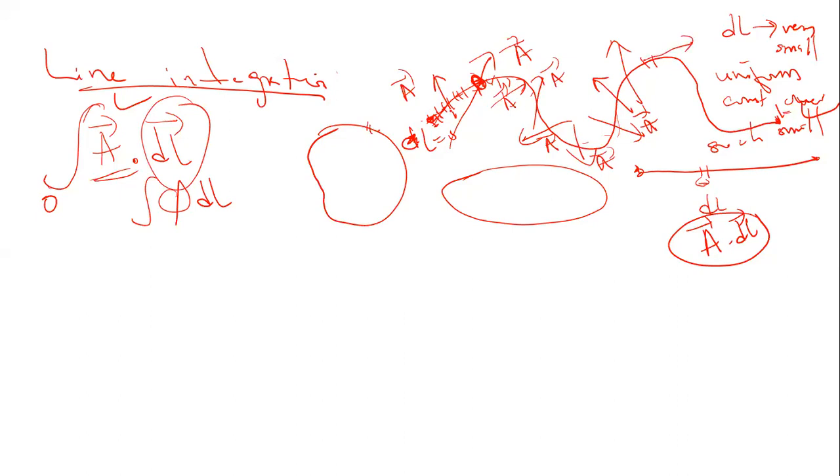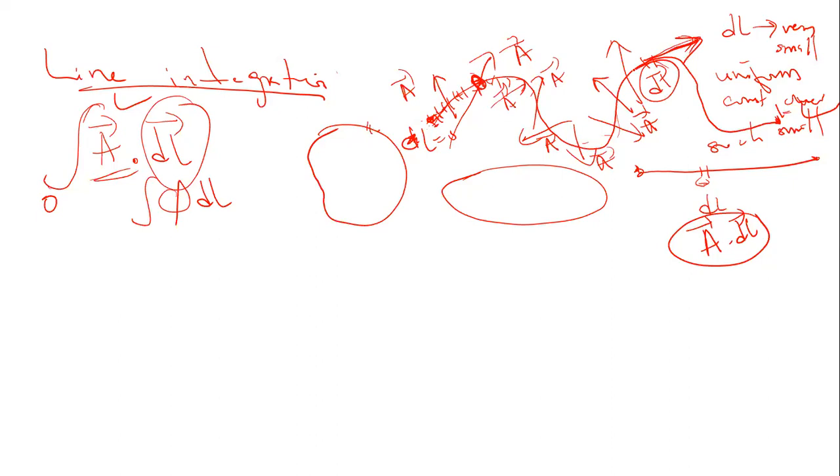If you take a curve like this, what is the direction of the line element dL vector here? It is a vector quantity, so it should have a direction in addition to the magnitude. The direction of the line element at any point along the curve is given by taking a tangent there. If the integration is from left to right, you just take a tangent at that point. The direction of this tangent will give you the line element vector direction.